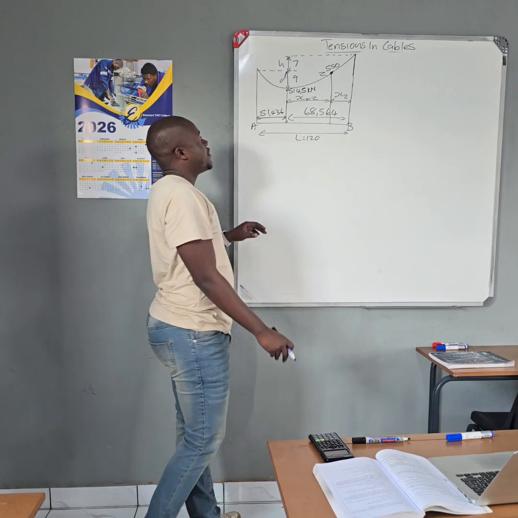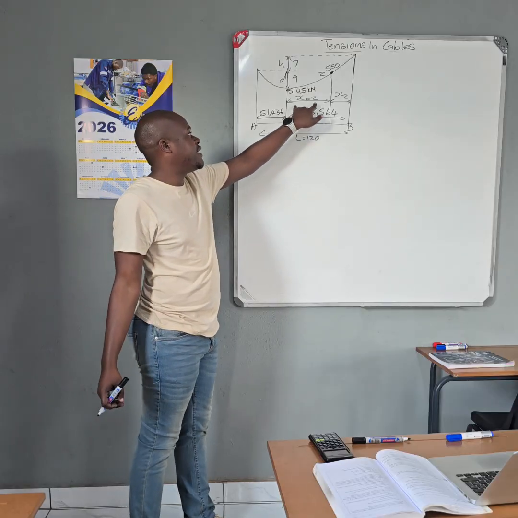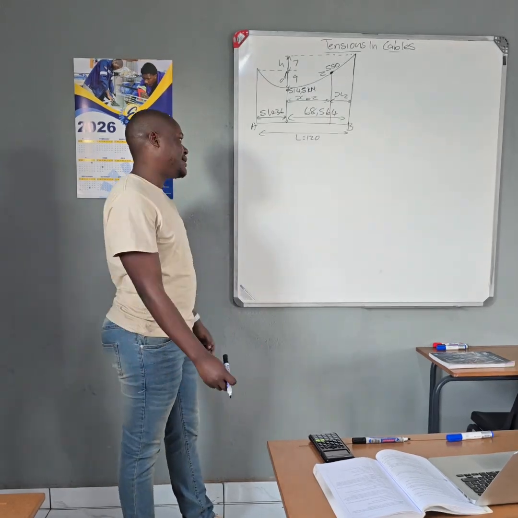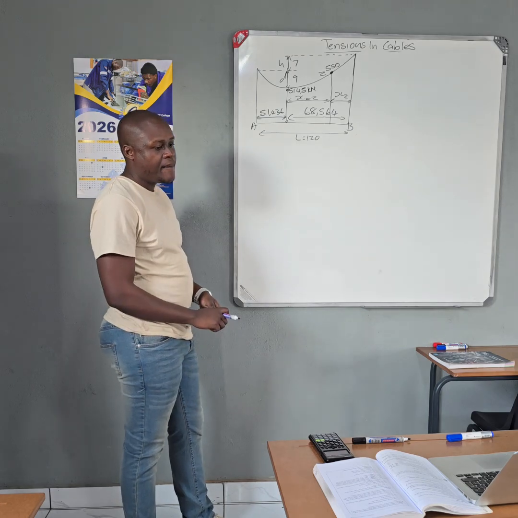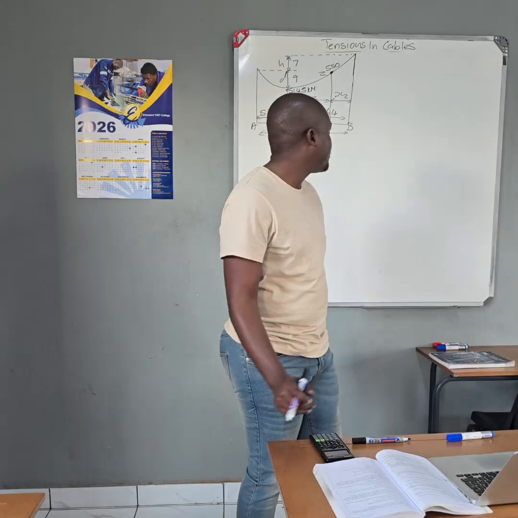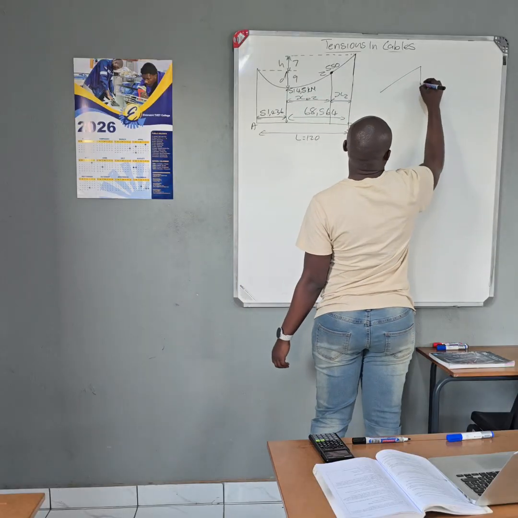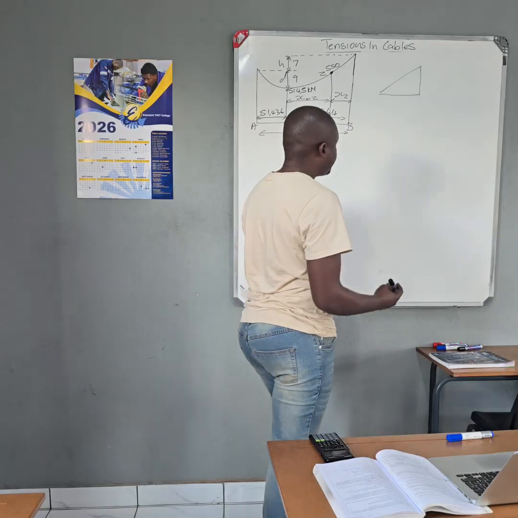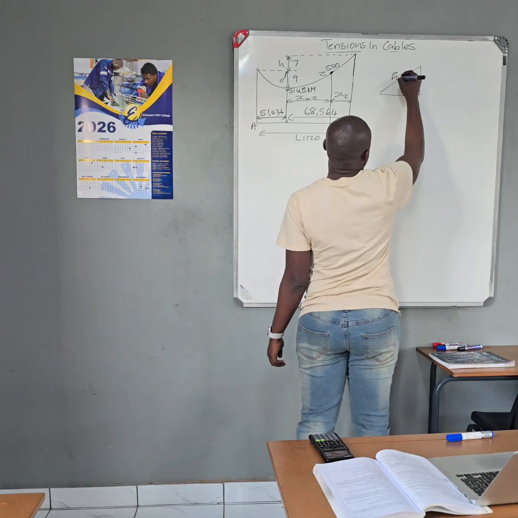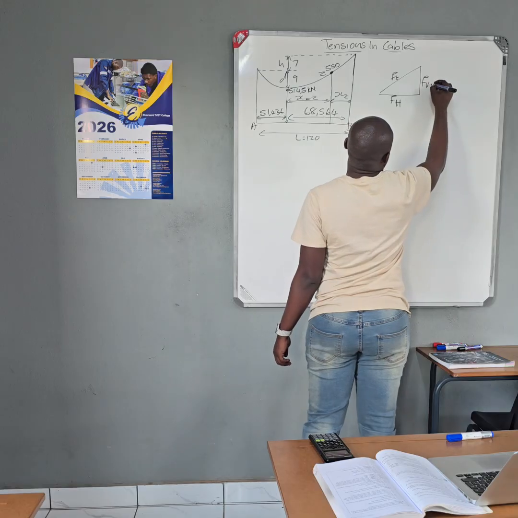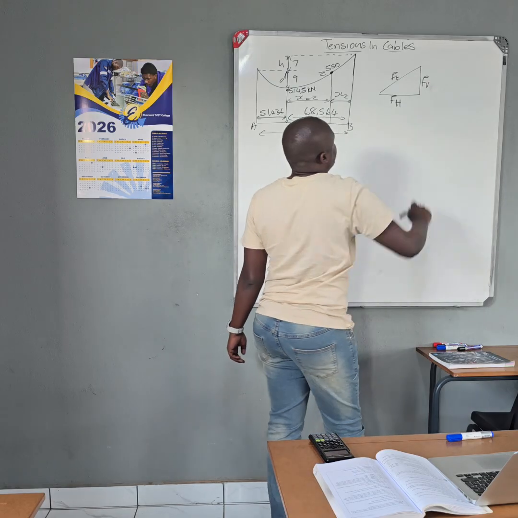XOZ. So we are going to start by first finding XOZ, and then after that we are going to solve for XZ. So what did we do last time? We drew the triangle of forces, right? Like this. So from our triangle of forces, we have FT here, we have FH here, and we also have FV there.